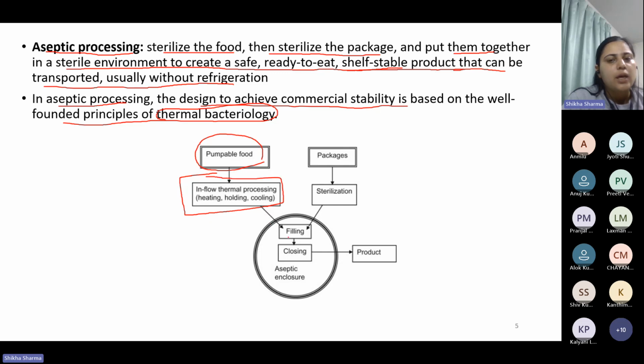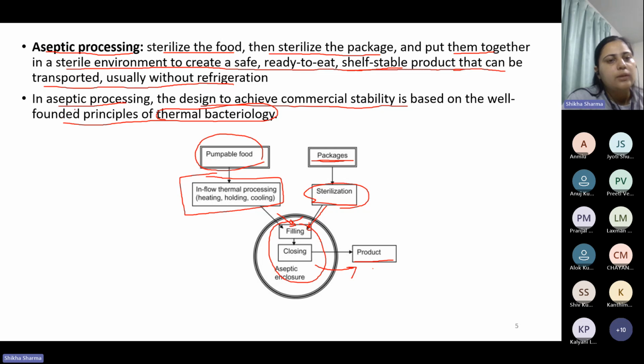And at the other side, simultaneously, the package is also being sterilized, and this food is filled into the sterilized package under sterilized conditions, and we get our final product.